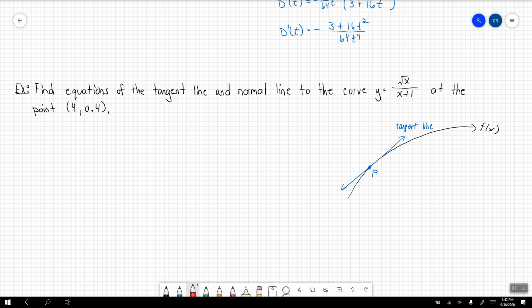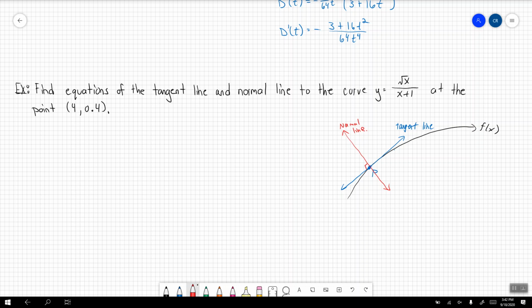Now, a normal line is going to be a line that is perpendicular to the tangent line. And remember, that normal line needs to be perpendicular to the tangent line. So what we are focusing on here is finding the equation of the tangent and finding the equation of the normal line.